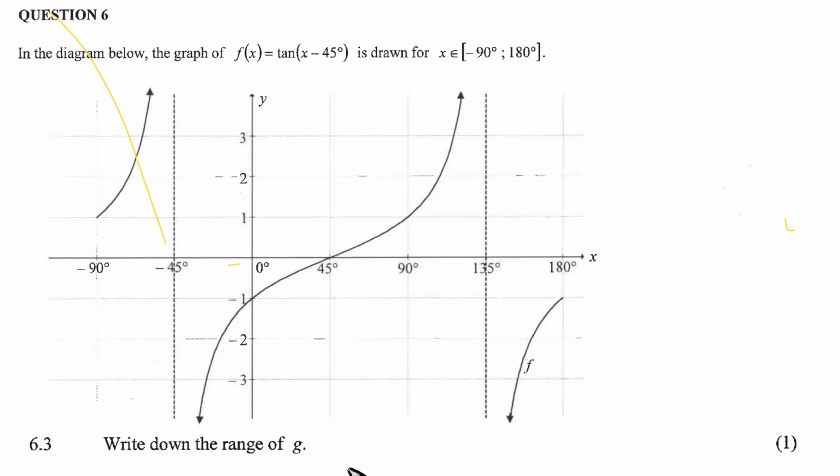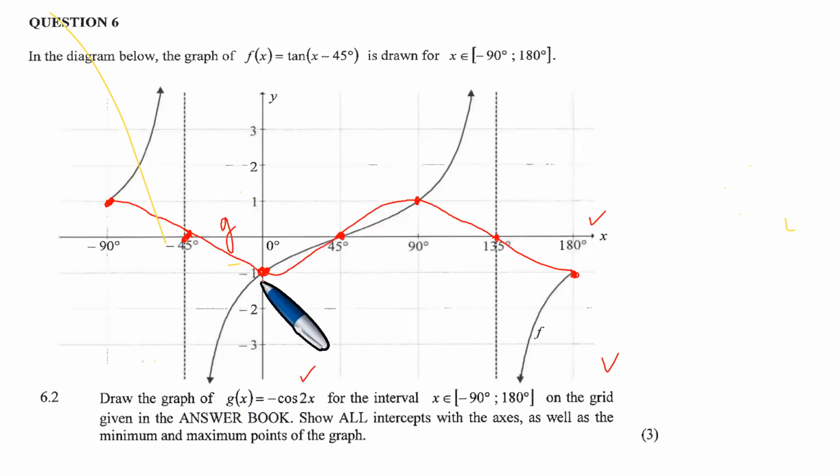Here you need to write down the range of the function G. What is the range of the function G? Okay, you look at the y values, and you start from the bottom up. So it actually is from -1 to 1. So now the range is from -1 to 1.